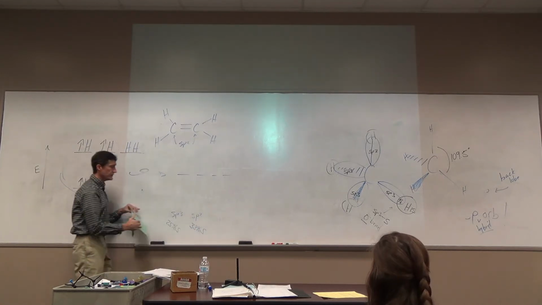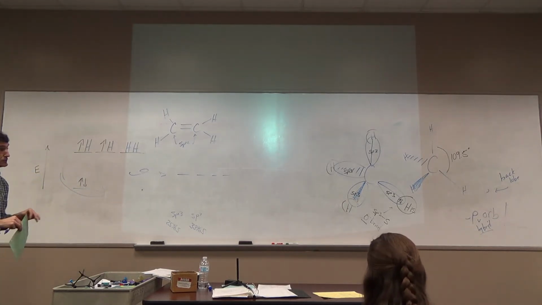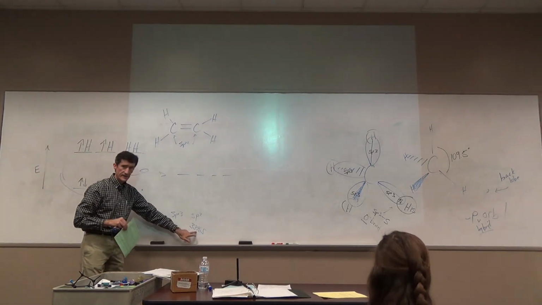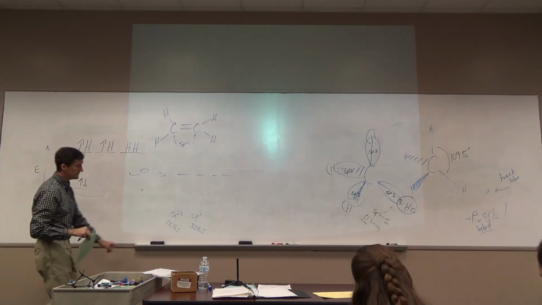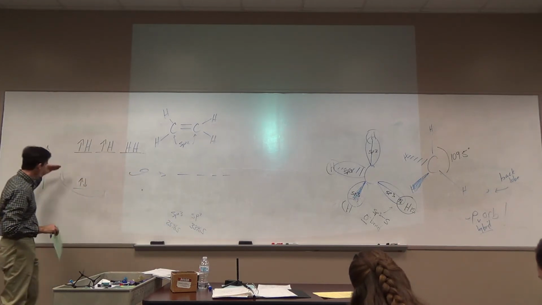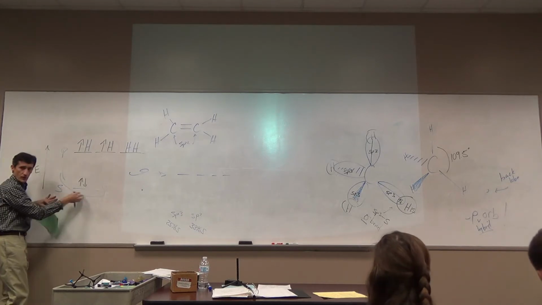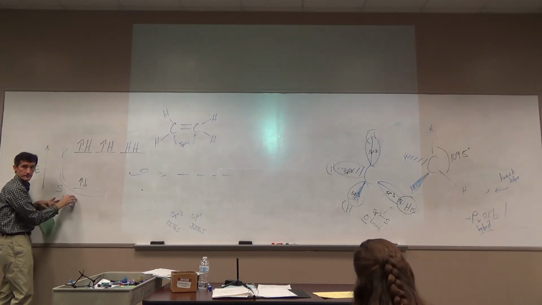Since it's more S character, it actually looks more like an S. So if I tried to draw them all, if it looks more like an S, it's going to be more rounded and fatter. Same thing with energy. More S means it's going to have energy more like an S. And S is lower in energy. So the more S character it has, the lower the energy.